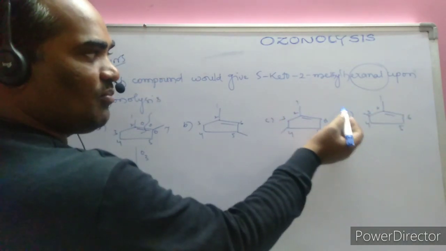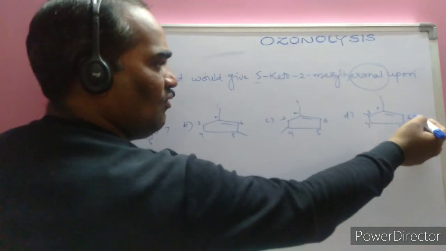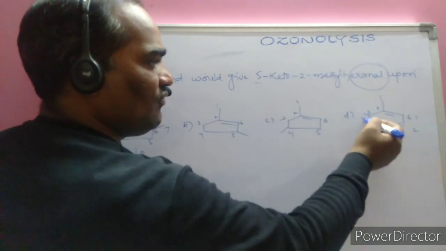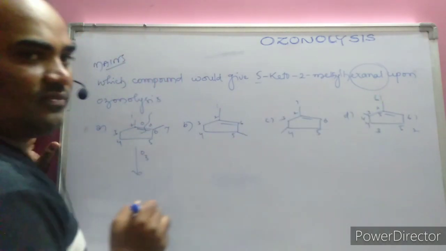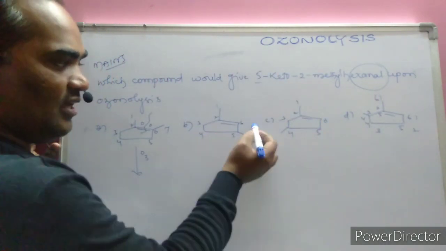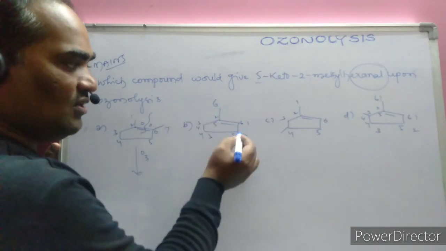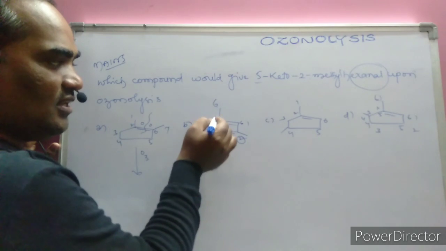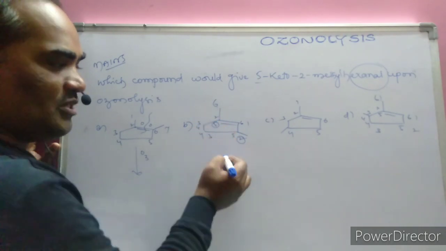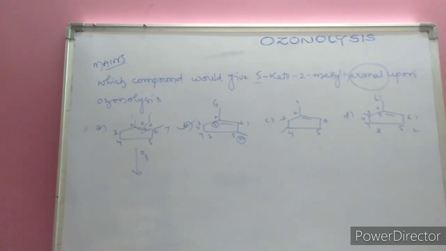Here is also no terminal, but they said 5-keto. 5-keto, 1, 2, 3, 4, 5, 6. Fifth position keto, and the 2-methyl position should be there. 1, 2, 3, 4, 5, 6. The second position has a methyl group and the fifth position has a keto group. That is the right answer for the given question.